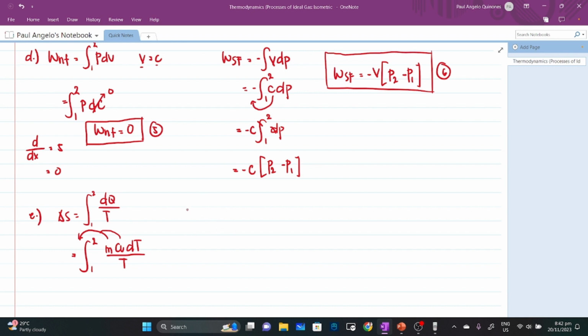This leaves us with the change in entropy equal to m Cv integral from point 1 to point 2 of dT over T. If we evaluate this integral, the integral of du over u gives ln of u plus c. Quick review of your integral. So we can rewrite the change in entropy as m Cv ln of T2 over T1.